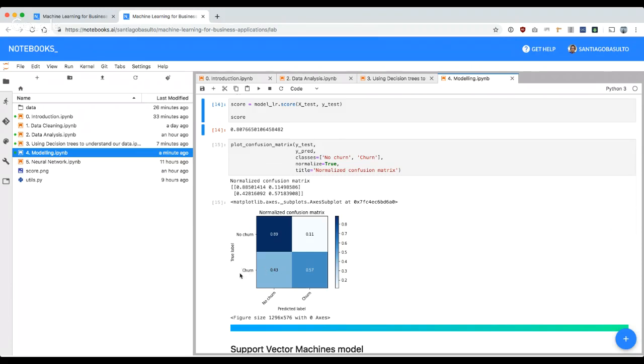And this is a very dangerous metric, sorry. This is what we call a false negative or error type 2. This is very dangerous because we were predicting that they were not going to leave, but they left anyways. So we could have done something if our model worked better.